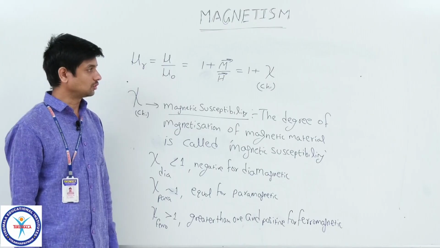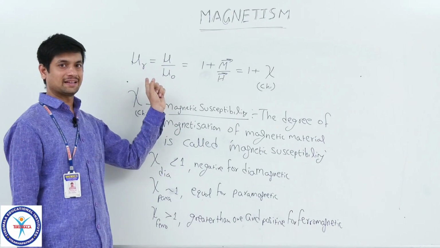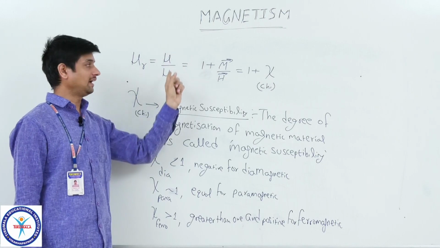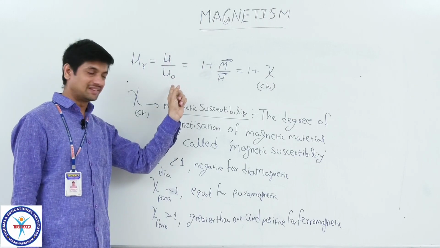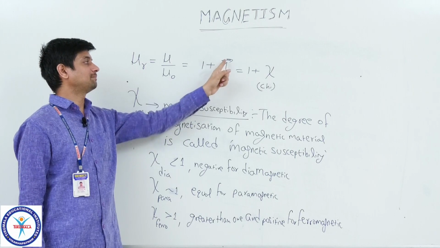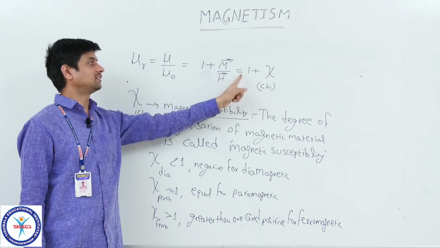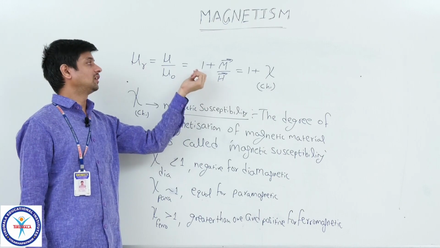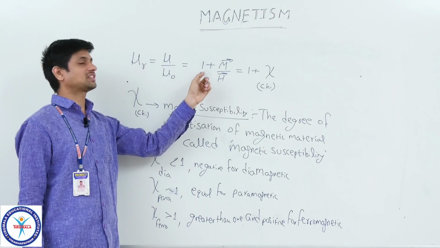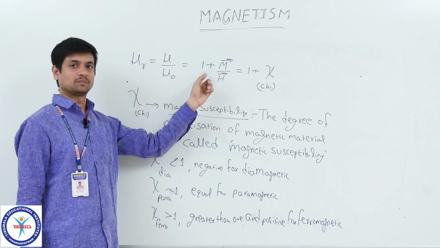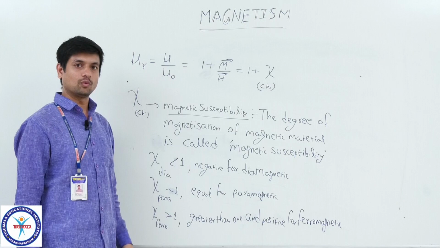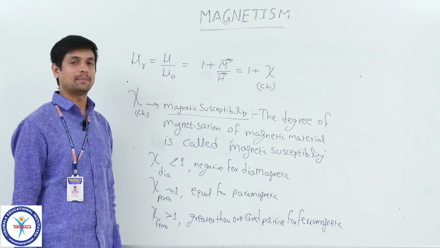aluminum. So we have calculated the relative permeability, the ratio of the permeability of the magnetic material and the permeability of free space: 1 plus M bar by H bar. This M bar by H bar is one slight factor. If it is very slight and equal to 1, that is applicable for paramagnetic material.